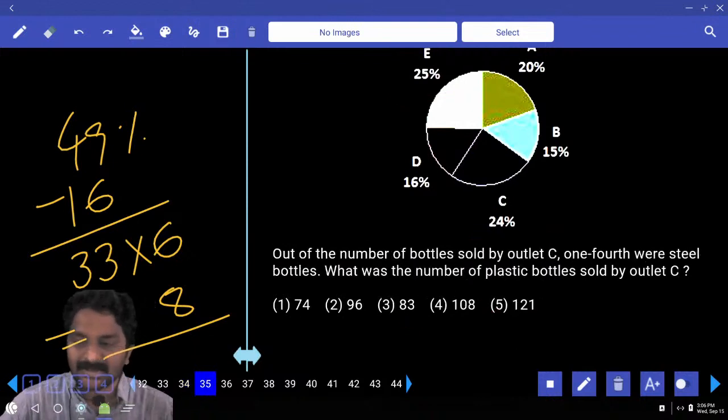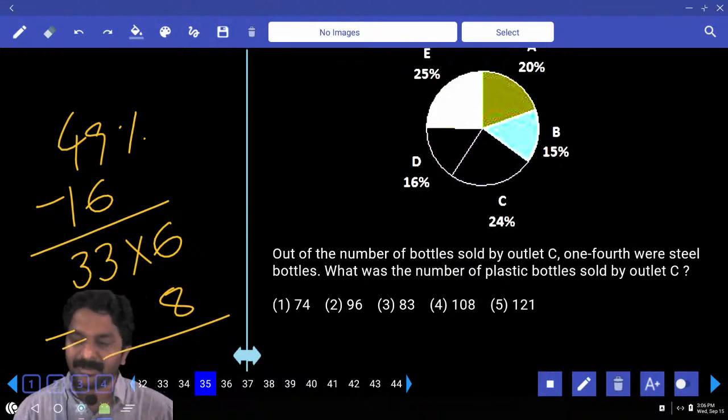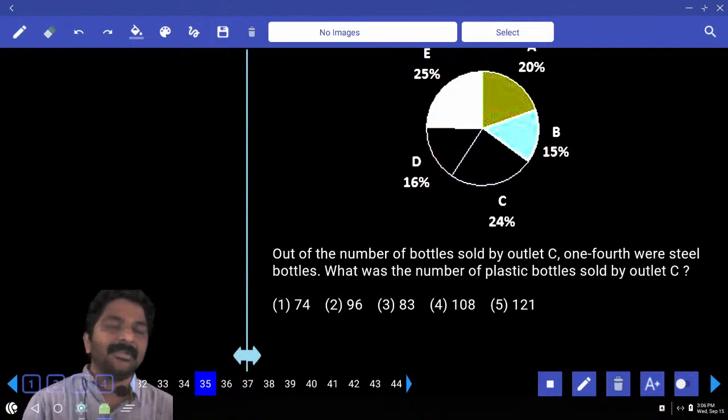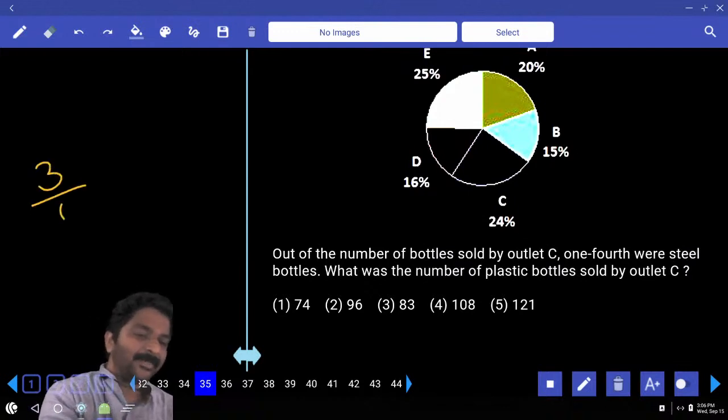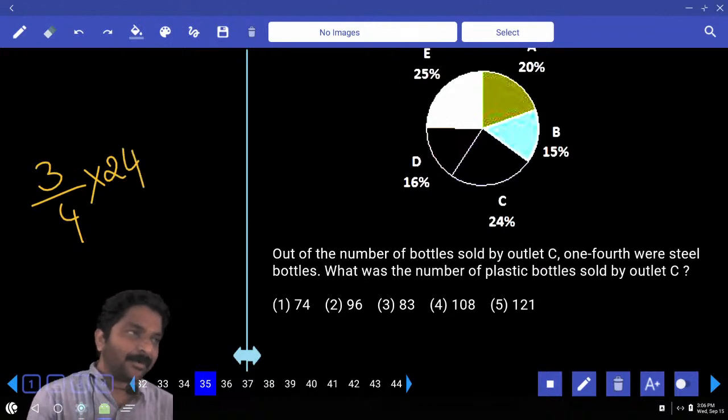Out of the number of bottles sold by outlet C, 1/4 were steel bottles. What was the number of plastic bottles sold by C? If 1/4 are, can we take it as 25%? Otherwise, if 1/4 are steel, plastic bottles are remaining only 3/4 of which number? C. C occupies 24%, where 1% is equal to 6.